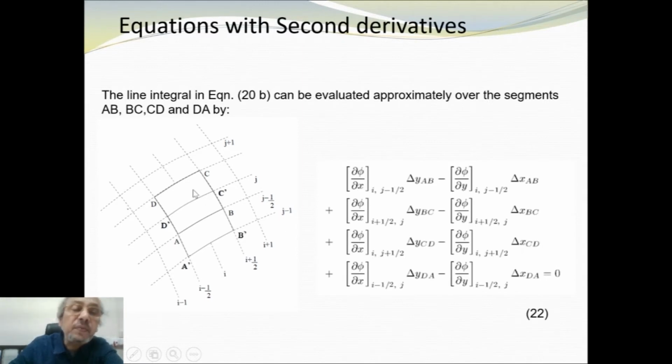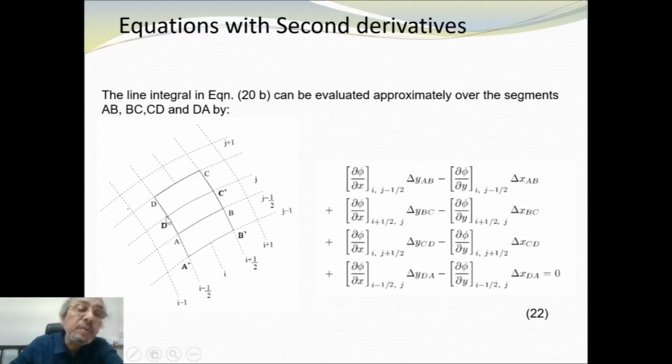So del phi del x at i, j plus half and del phi del y at i, j plus half will be multiplied by delta y CD and delta x CD. Then at this point, del phi del x at i minus half, j and del phi del y at i minus half, j.